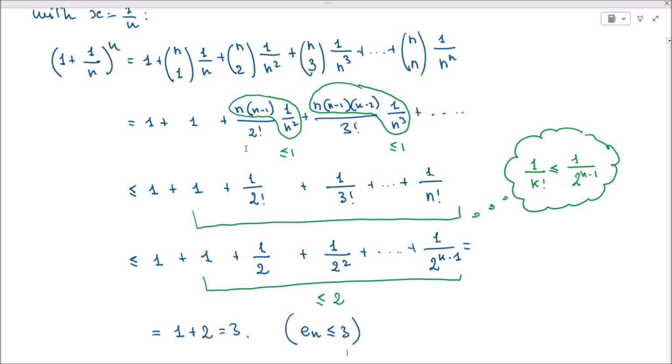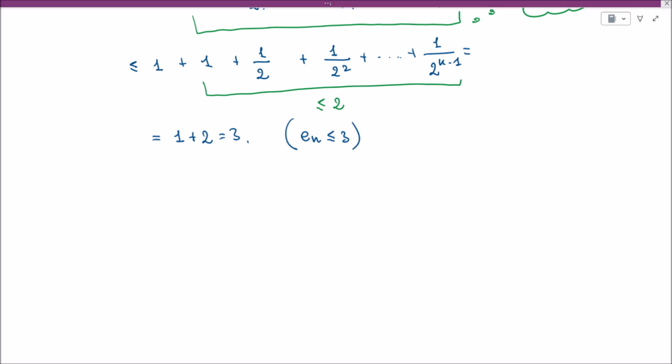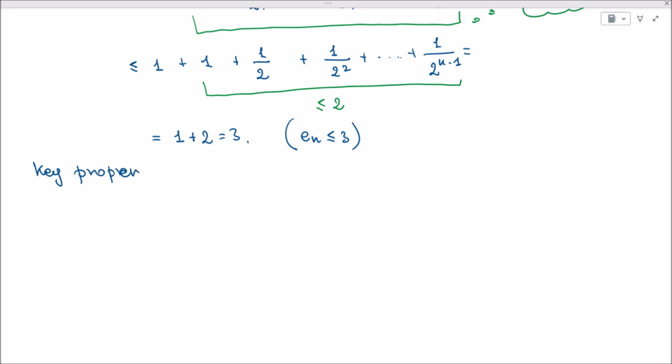Okay, so let's now see what are the key properties that we have used to prove this inequality. The first thing is that n choose k, the binomial coefficient, times 1 over n to the k is less than or equal to 1 over k factorial. How can we prove this?